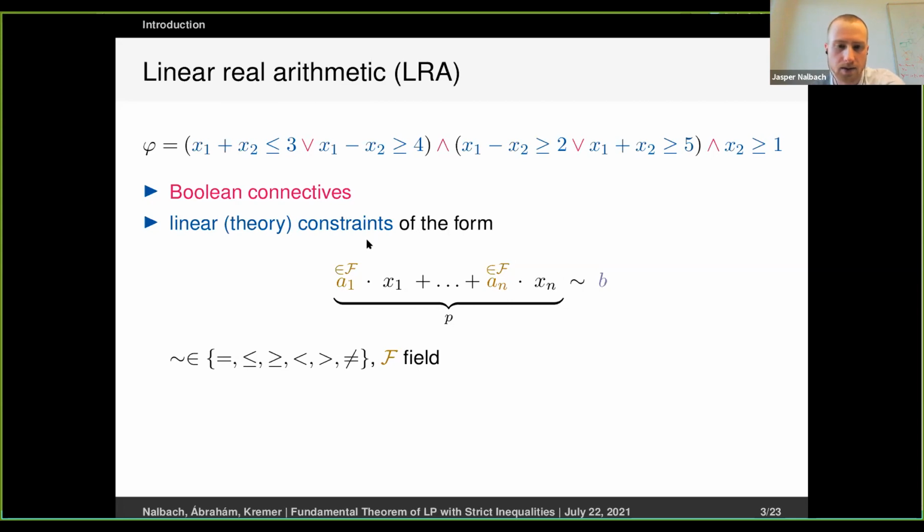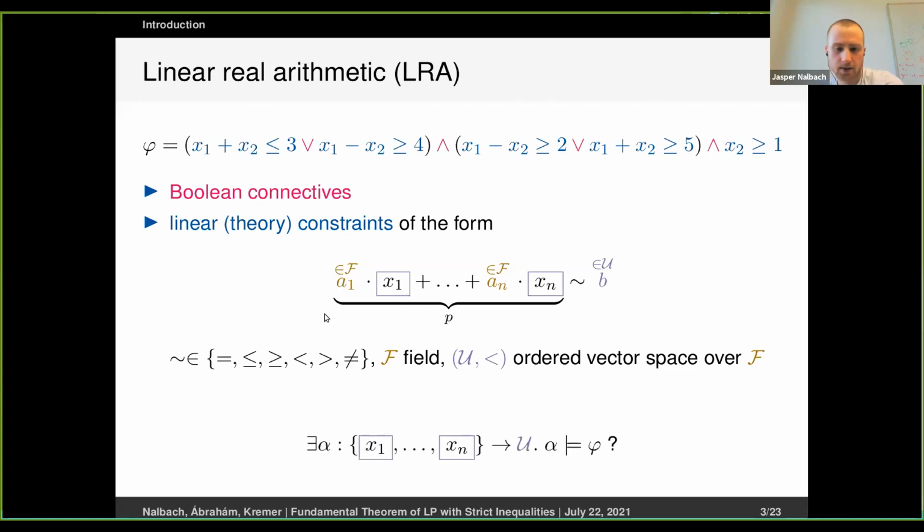The linear combination of those variables is then compared by a relation symbol to some element from an ordered vector space, after assigning each variable a value from this ordered vector space. And the question is, does there exist such an assignment for x1 to xn such that the input formula is satisfied?